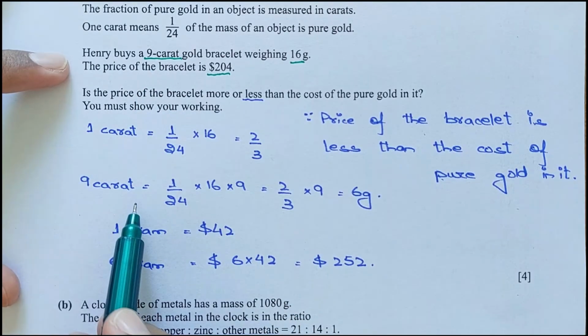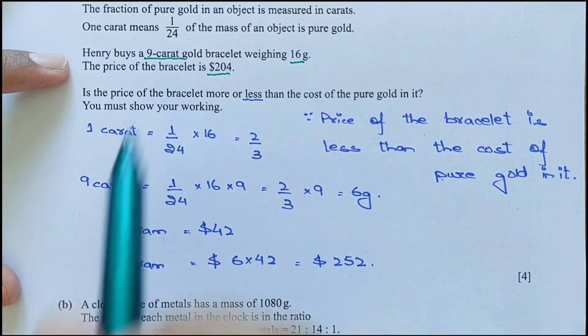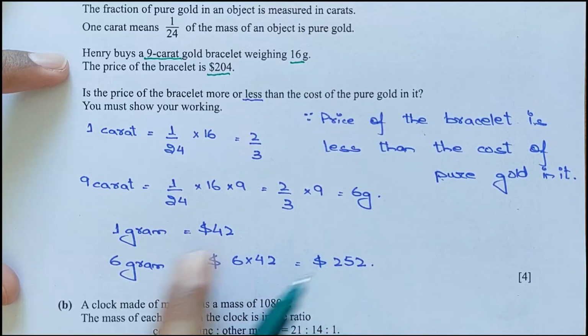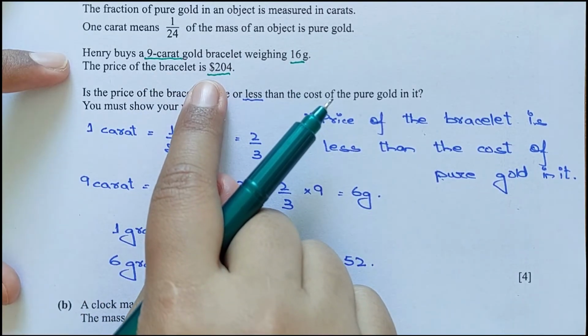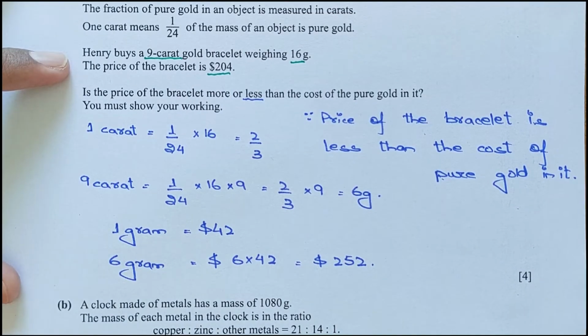So what is 9 carat? 9 carat is 2 by 3 of 9 and its weight is 6 grams. So if 1 gram of pure gold costs $42, what about 6 grams? So 6 grams is $252, but the price of the bracelet she bought is $204, so this price is less than the cost of the pure gold in it, right?